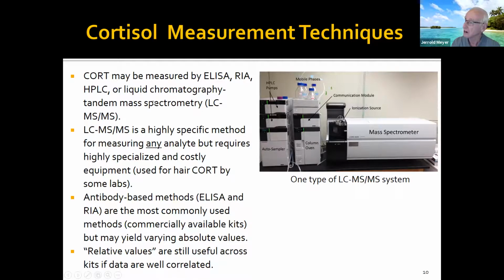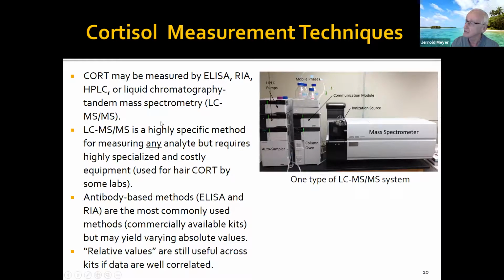So this is liquid chromatography tandem mass spectrometry, abbreviated LC-MS-MS, which is a very sophisticated analytical technique, requires highly specialized and very expensive equipment. Showing a system here. These guys run for well over $100,000, a typical system new.